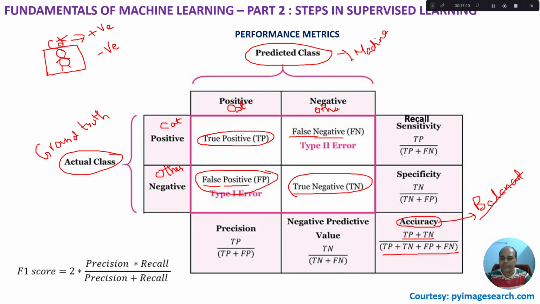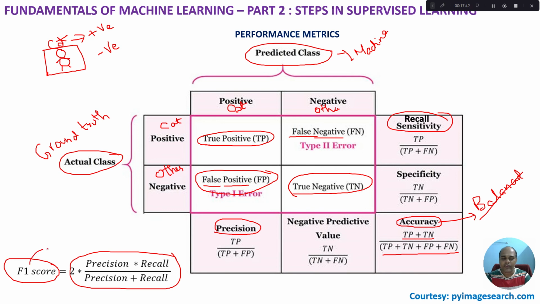Other performance metrics include precision. Precision is computed by true positive divided by true positive plus false positive. In the same way, recall or sensitivity is computed by true positive divided by true positive plus false negative. Once I compute precision and recall, I can use them in this equation: 2 into precision into recall divided by precision plus recall, to compute the F1 score.